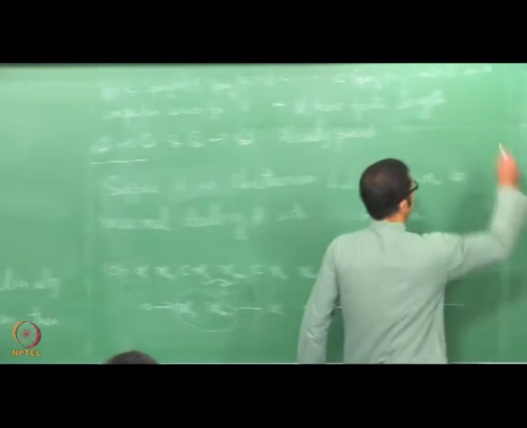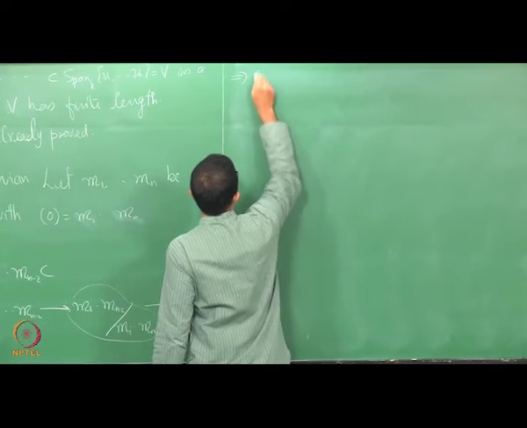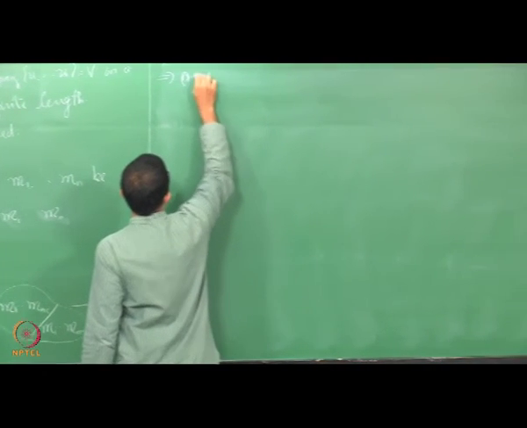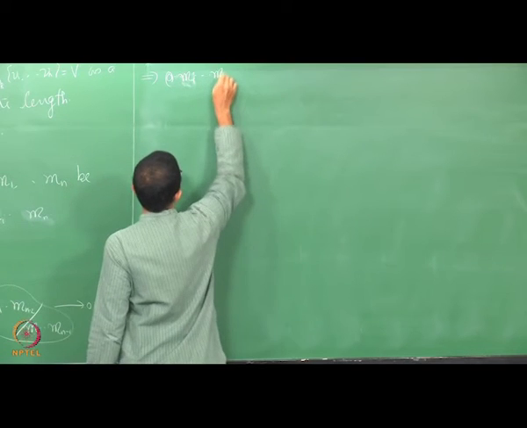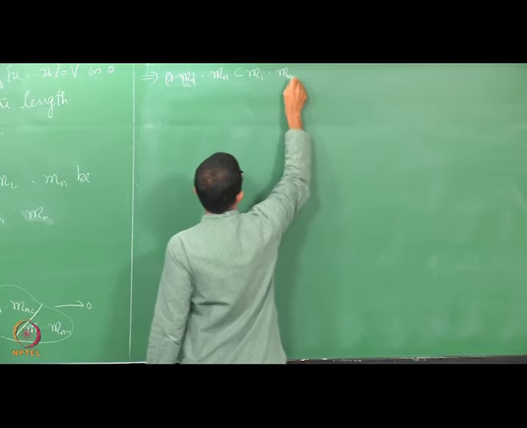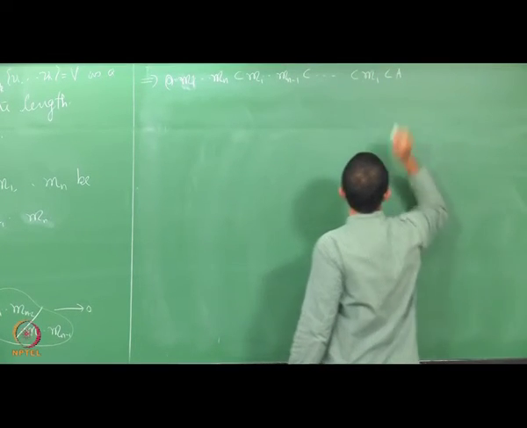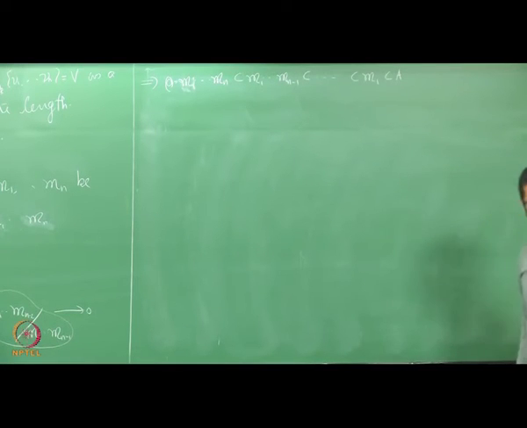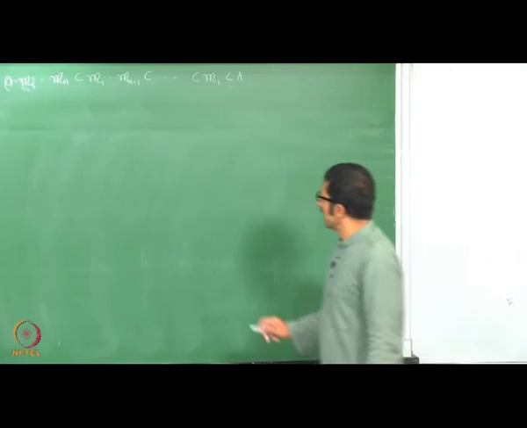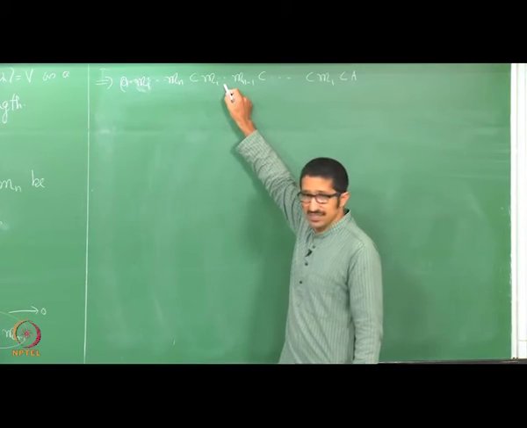So, I have 0 equal to Mn, up to M1, M1 up to Mn minus 1, M1 to A. What we are showing here is that this is 0, this has finite length.